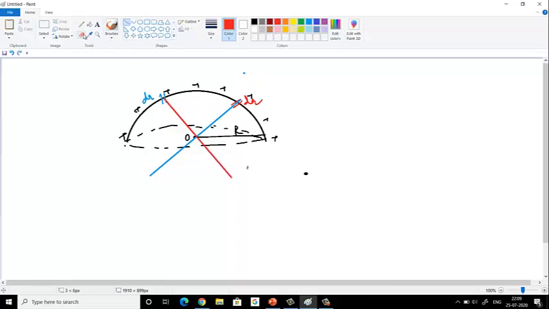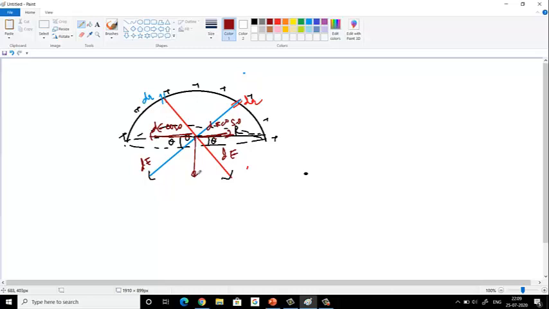Let us take a horizontal line as reference. If this is theta, this will also be theta. Then resolve it. If this is dE and this is also dE, then this becomes dE cos theta, and this side also dE cos theta.